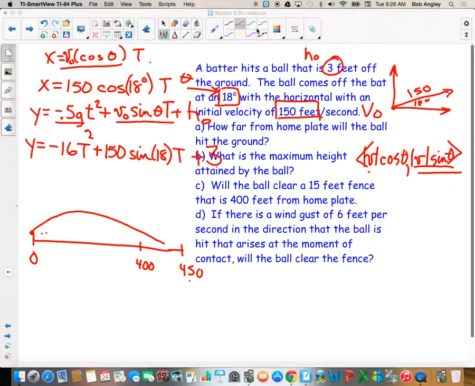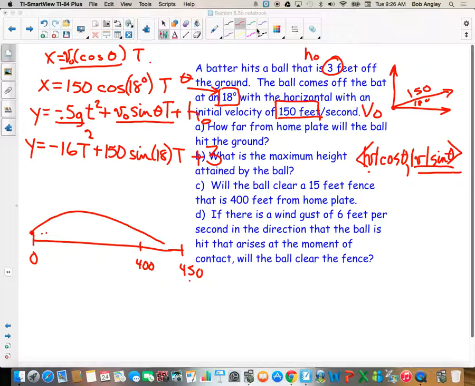Now, which one of these two things right here? Well, let's see. I don't know how to ask the question. I'm geared into just telling you the answer. If we go back and graph this in function mode, as opposed to parametric mode, we could get where it hits the ground if we make a little bit of adjustment.